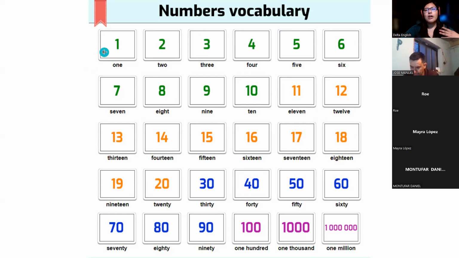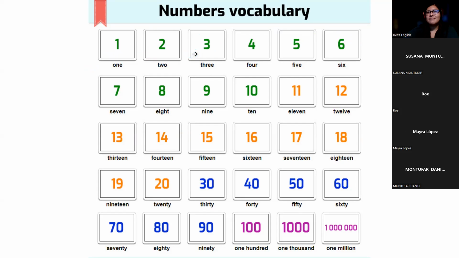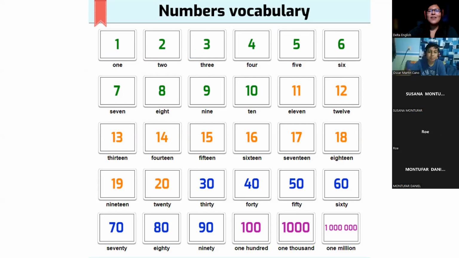So I'm going to start by saying the number, and then you guys repeat after me. 1, 2, 3. Okay, now you guys have good pronunciation, but just as a reminder, we're not going to say a T sound.